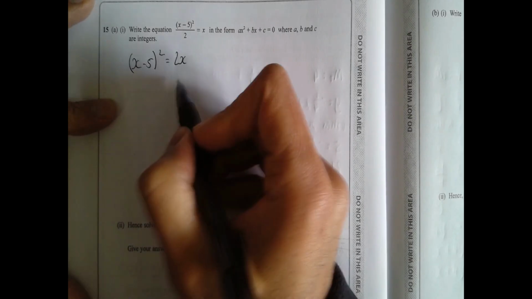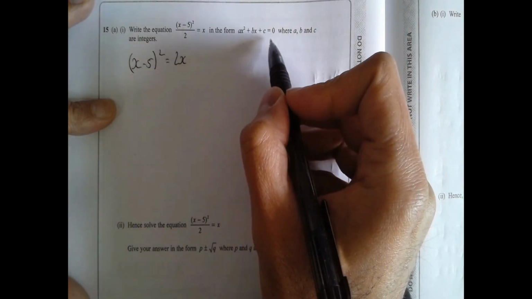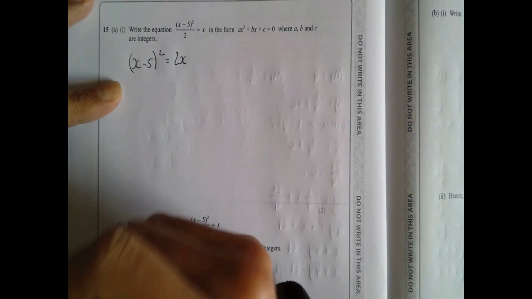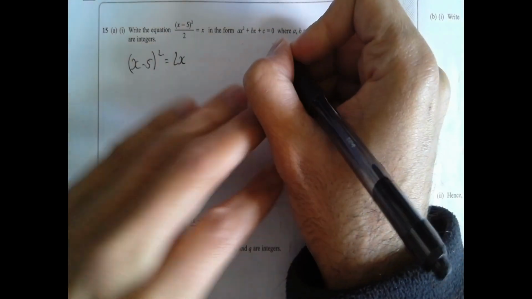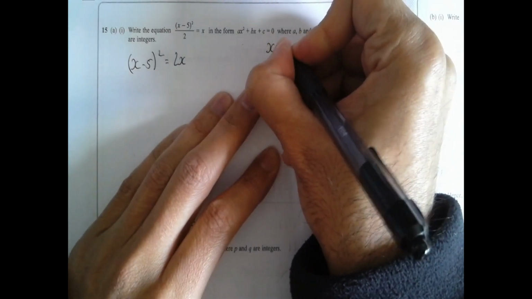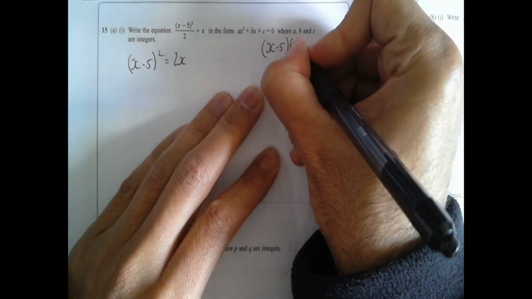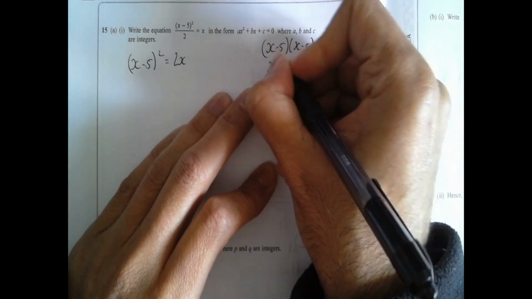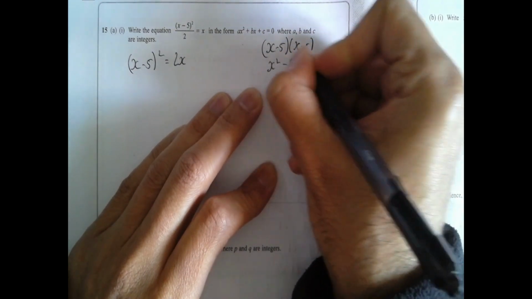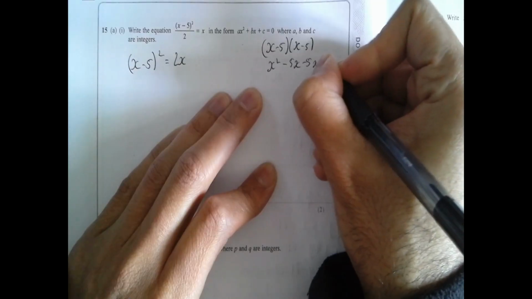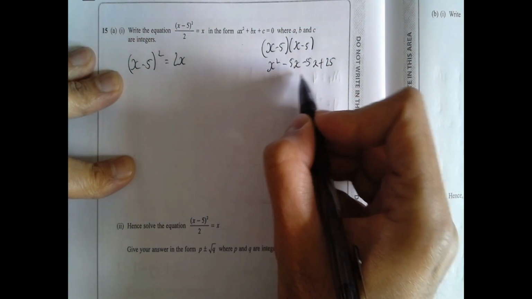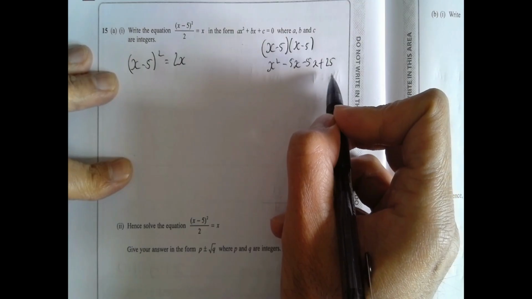Okay, I'm now going to expand this so that I can write it in this form over here. So I want to do x take away 5 times x take away 5. Okay, so we can write that out as double brackets over here, and in fact we will do that. So we've got x take away 5 times x take away 5. Okay, and if I expand this out, I get x squared take away 5x take away 5x plus 25. Okay, so that gives me x squared take away 10x plus 25.